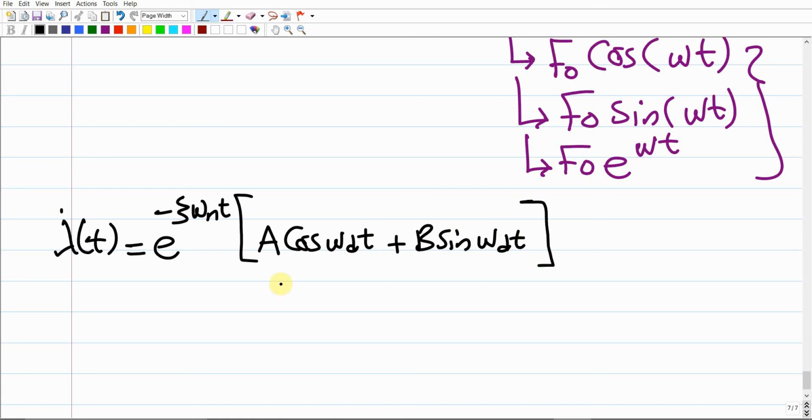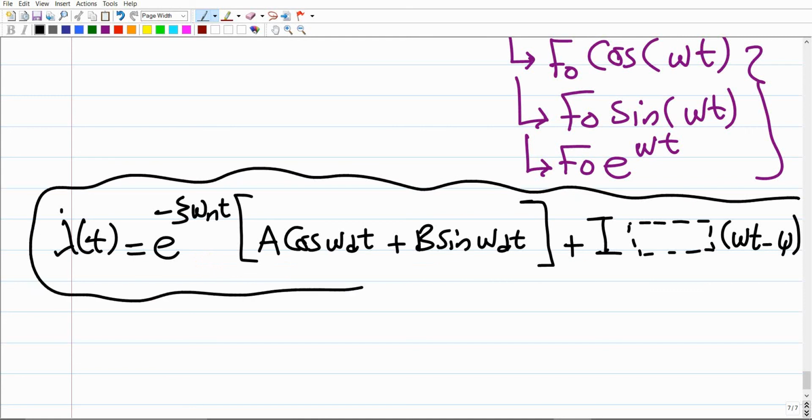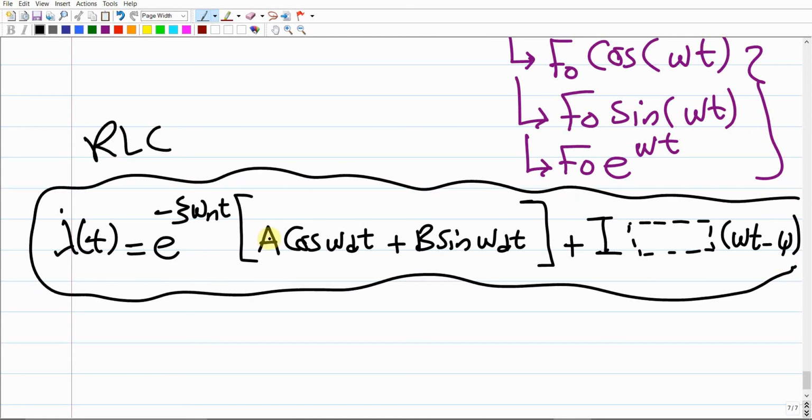This is the homogeneous solution, plus the particular solution that we agreed is I times something, and this function depends on which one of these forcing functions, times omega, which is the forcing frequency, minus psi. As you can see, we have three omegas already shown in this general expression of the current for a second order or RLC electrical circuit.